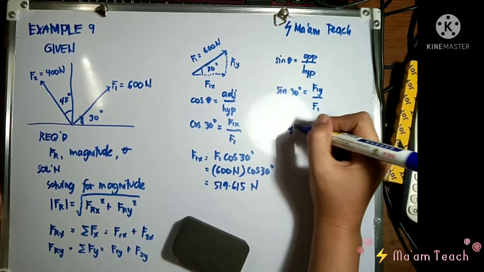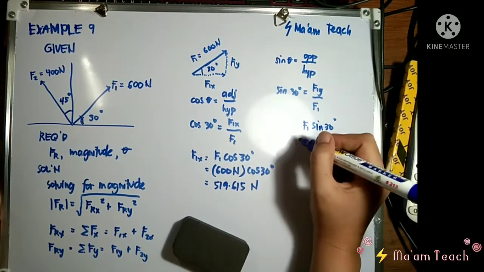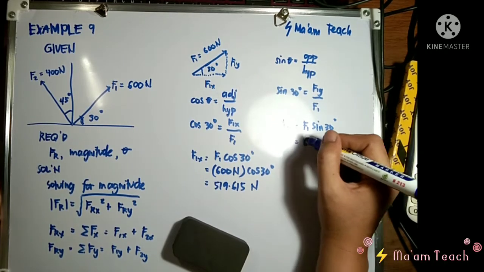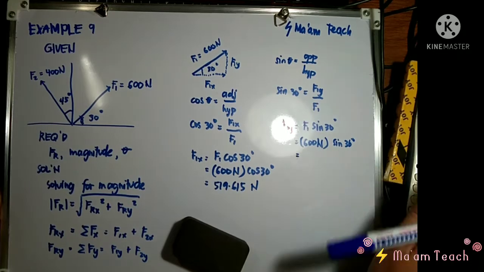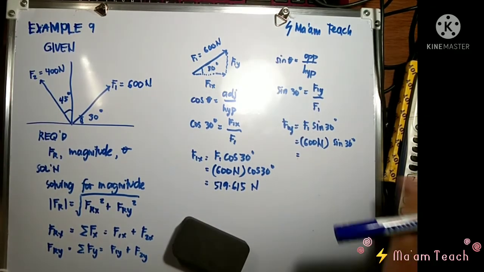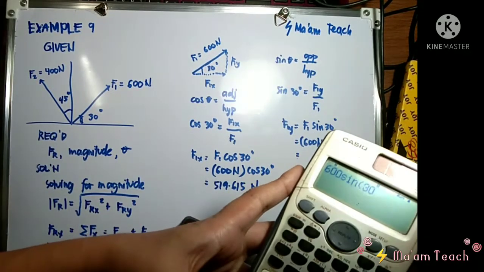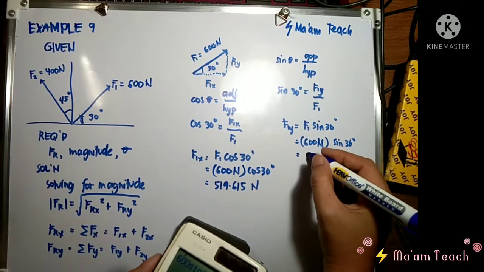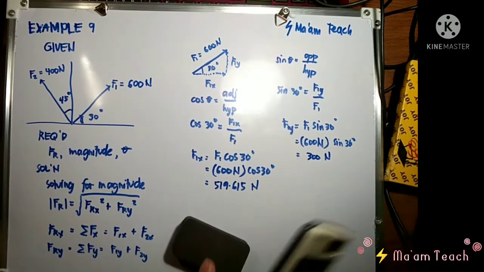So F1y is F1 sine 30. Substituting, 600 Newton sine 30 degrees, we have 300 Newton.